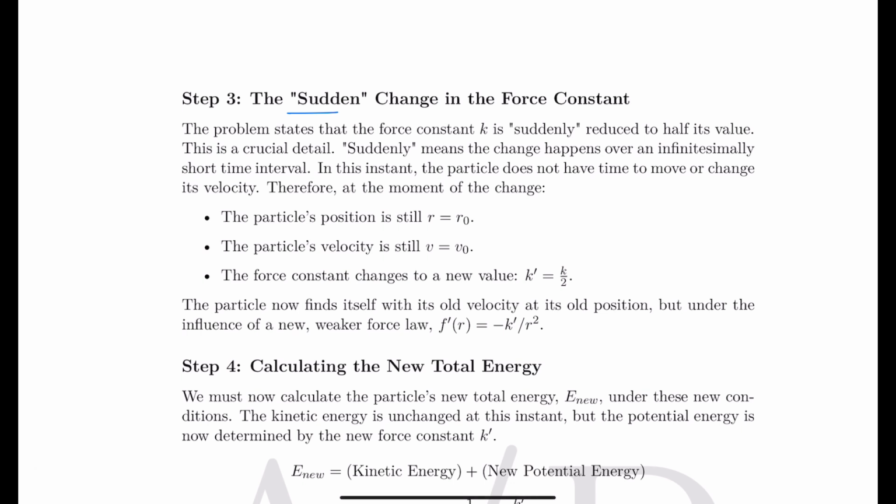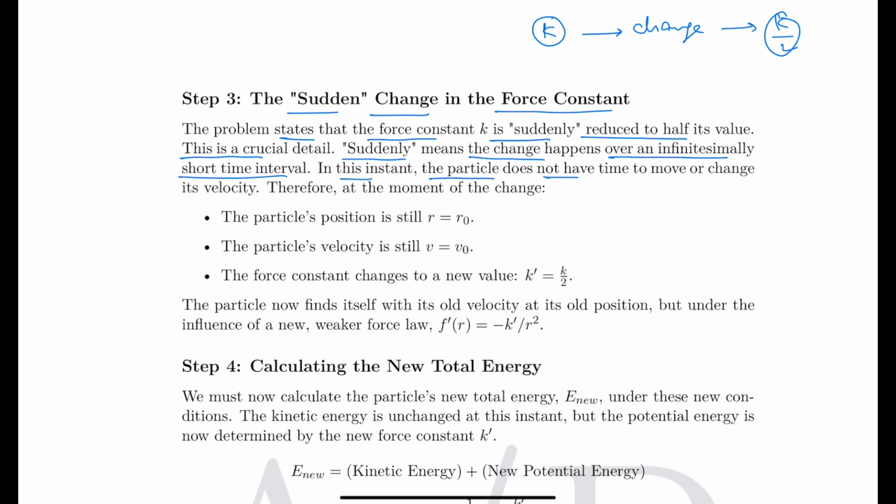But there is a sudden change in the force constant. Okay, the force constant was initially k, but some change happens and it becomes k by 2. So the problem states that the force constant k is suddenly reduced to half its value, and this is a crucial detail. Suddenly means the change happens over an infinitesimally small time interval.